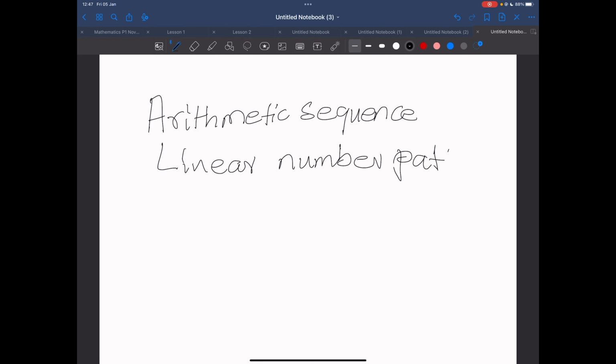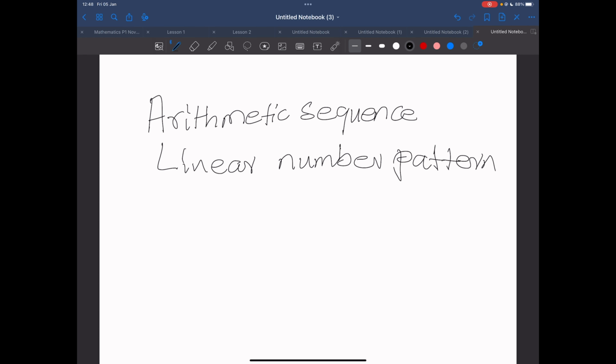Why do we say this is a linear number pattern or arithmetic sequence? It is because it has a first common difference.